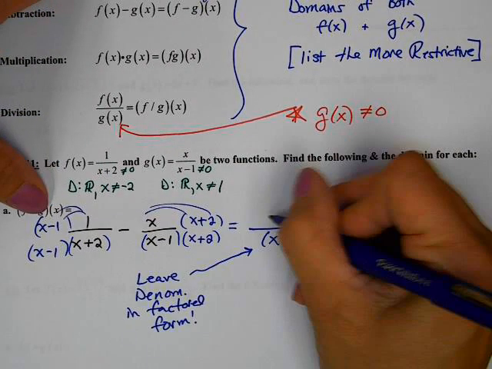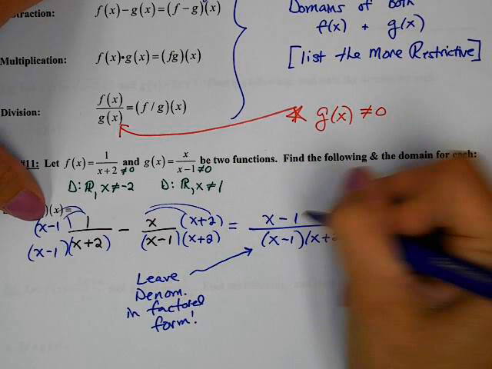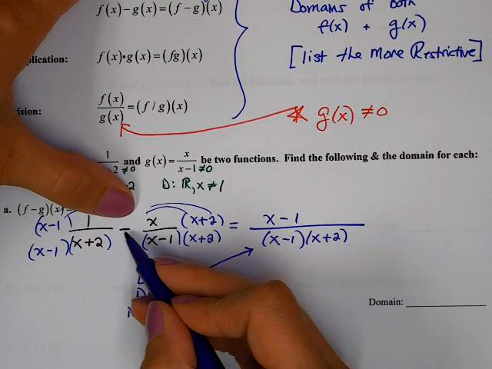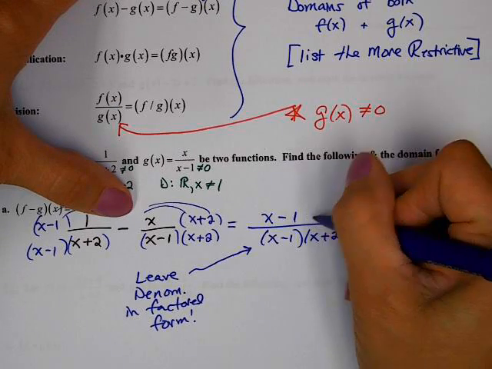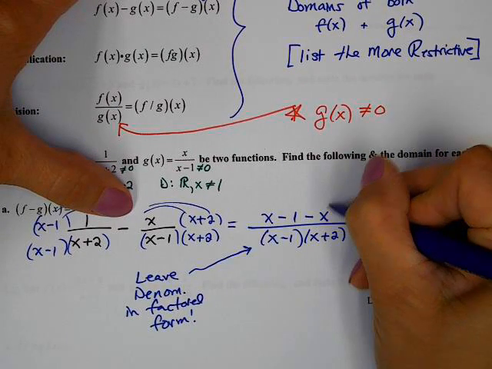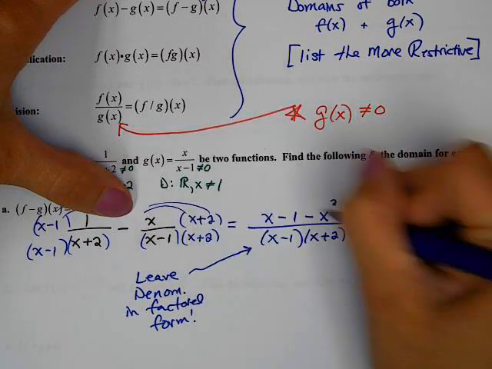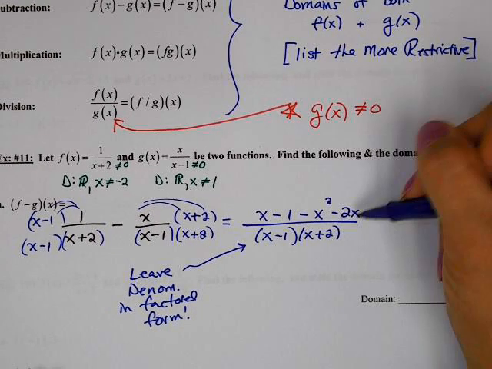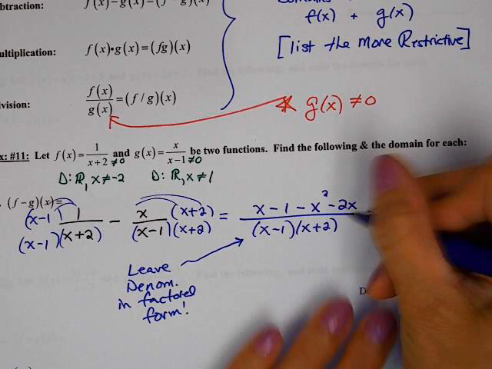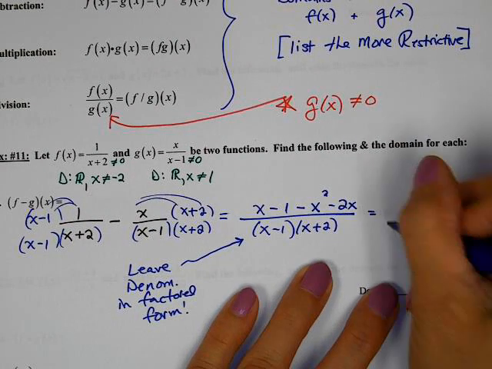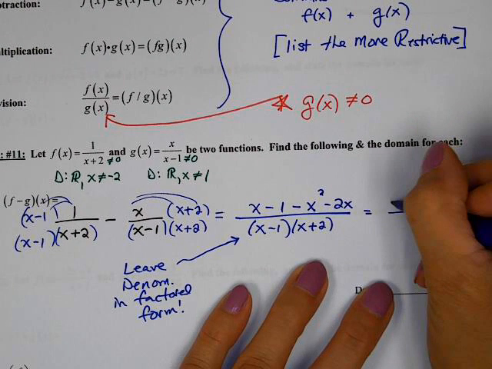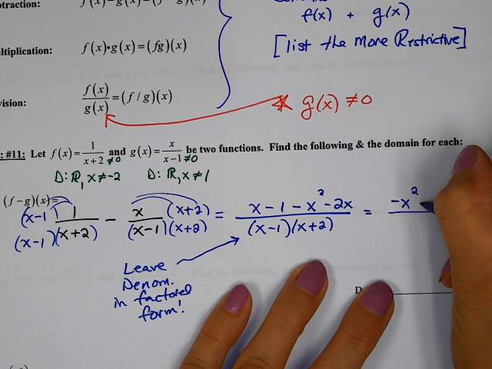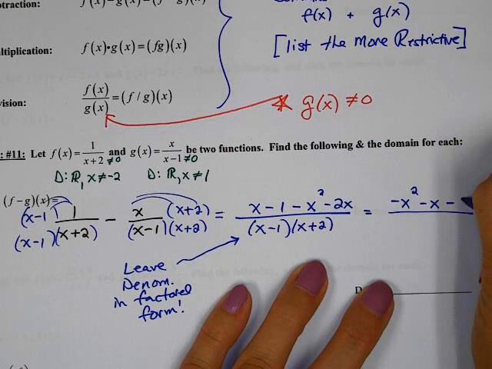So the first numerator is just x minus 1. Be careful here. We're distributing a negative x. So it's going to be minus x squared minus 2x. So you distribute the numerator so you can collect your like terms. And I'm going to go ahead and write this in descending order here. Negative x squared minus x minus 1.